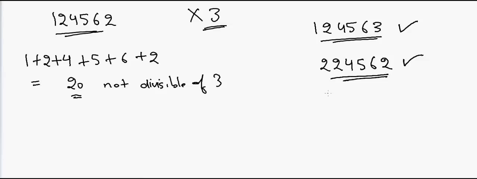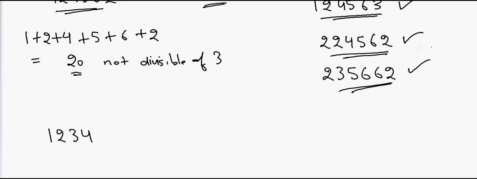Or we can say 2 and increase 1 in each of these, making 3 5 6 6 2, which should also be divisible by 3. What I'm doing is modifying the number just enough so that the sum remains divisible by 3, and in that case the whole number is divisible by 3. That's how this trick works.